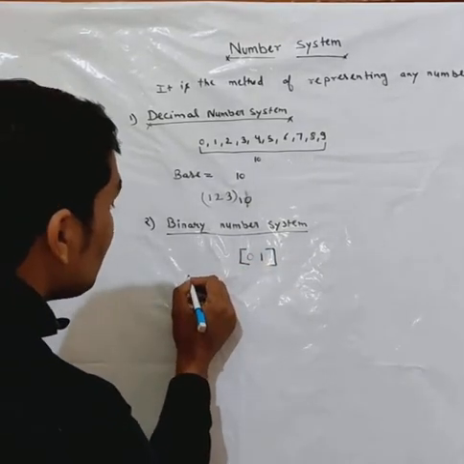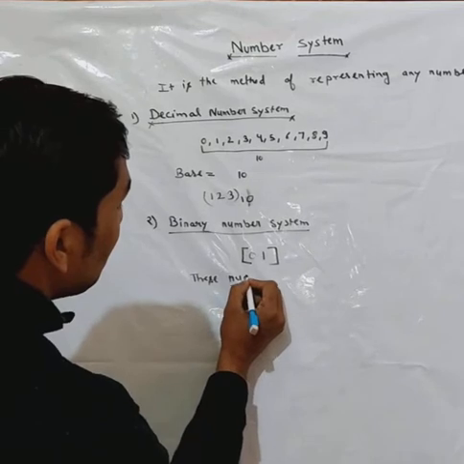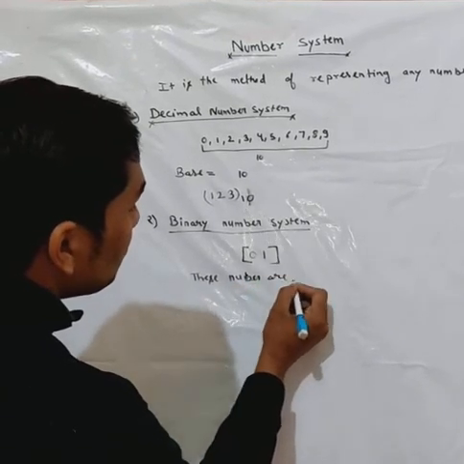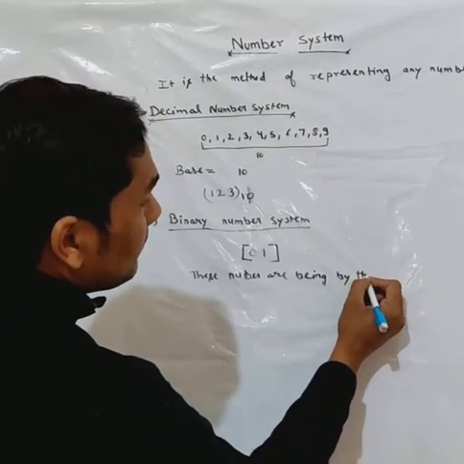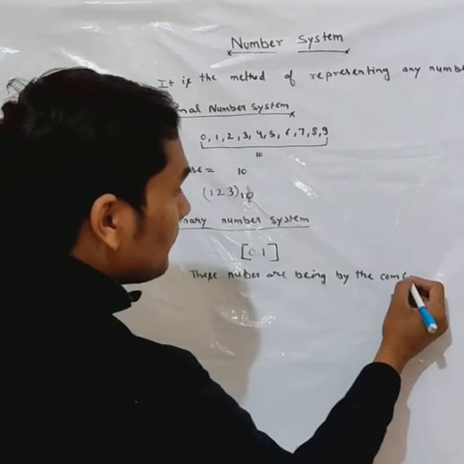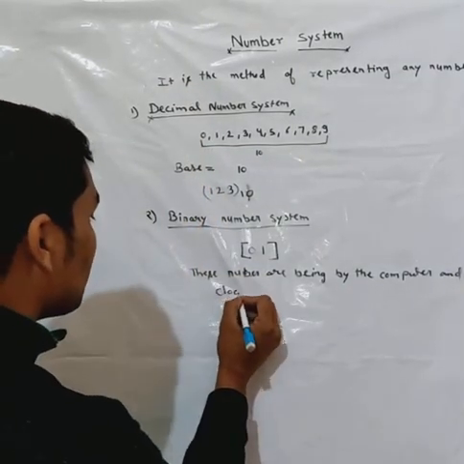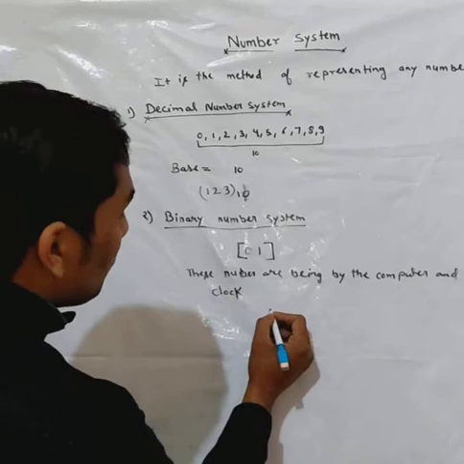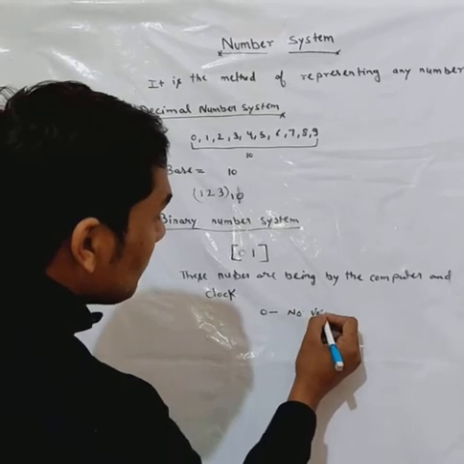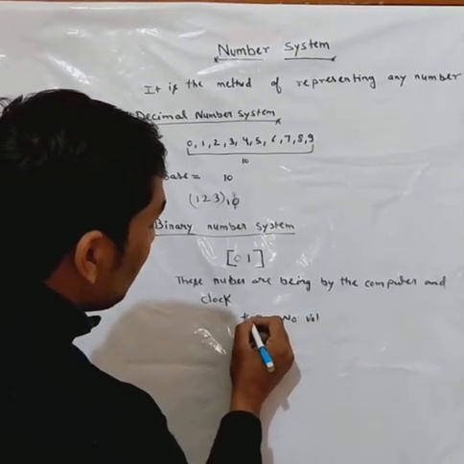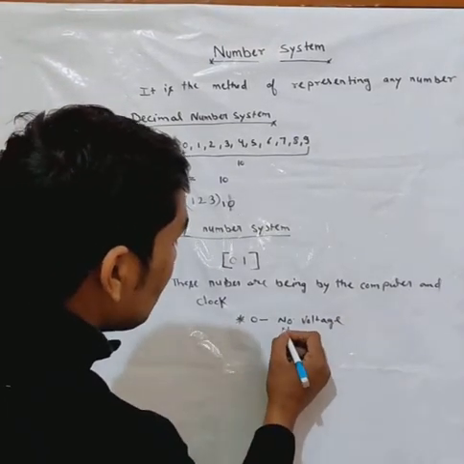These number systems are being used by the computers and clocks. 0 stands for no voltage and no electricity.